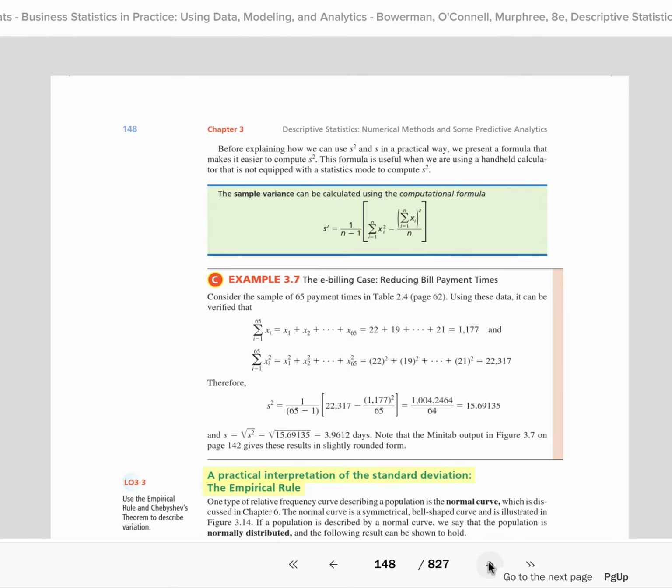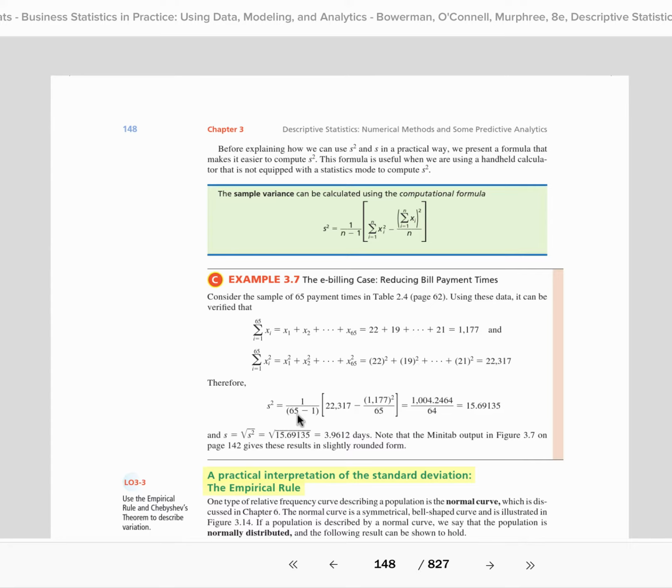Another way to represent the sample variance, to make it easier to calculate manually, is by using this formula. So what you do is you have all your data, you first sum them all, and then you use that number, and then you use the second part, which is the square of every item in your data.